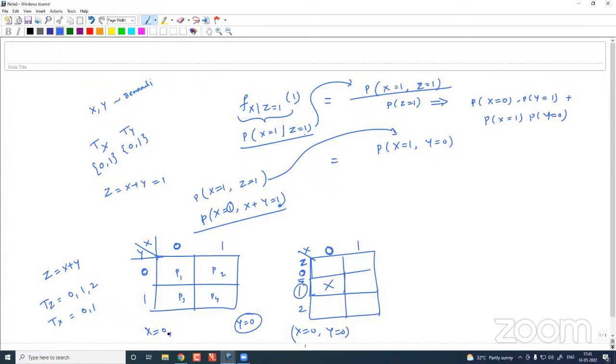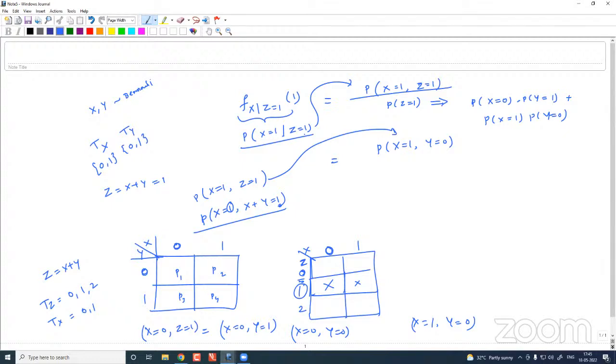This box will have x equals to 0 and z equals to 1. So I'll write the probability when x takes value 0 and y takes value 1, right? And this box, when x equals to 1 and y equals to 0. So you got it right now?